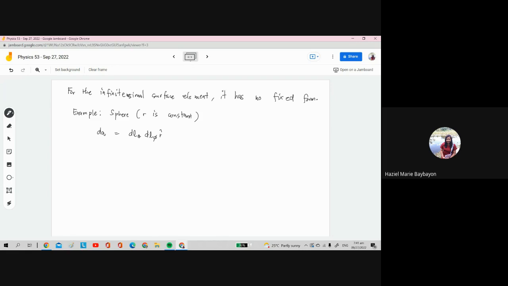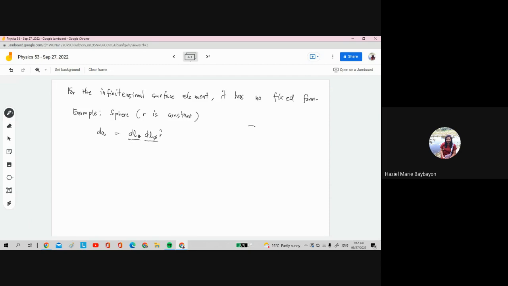Okay? So kung naa kay sphere, ang infinitesimal surface element is equal to this one. Ngano kaha class? Because r is constant. Ang mag-vary lang is this one and this one. Okay, so radial component lang ang naa sa imong surface element.